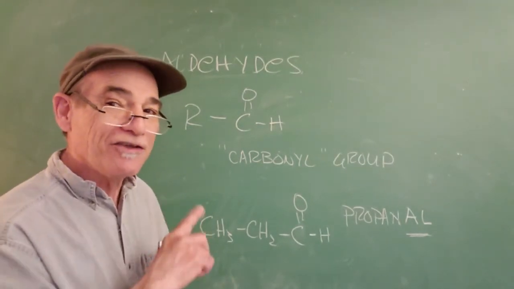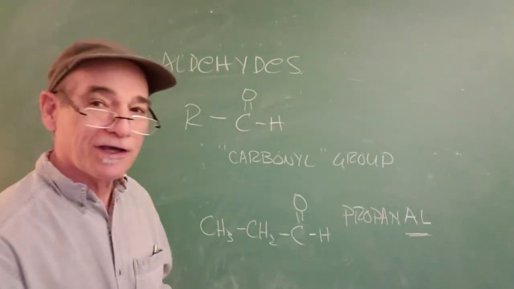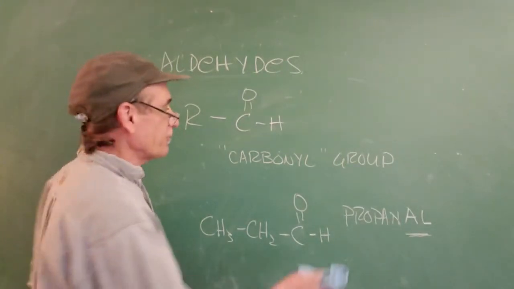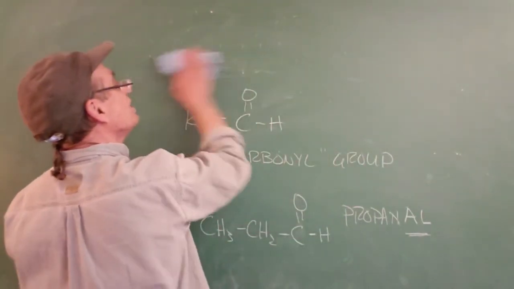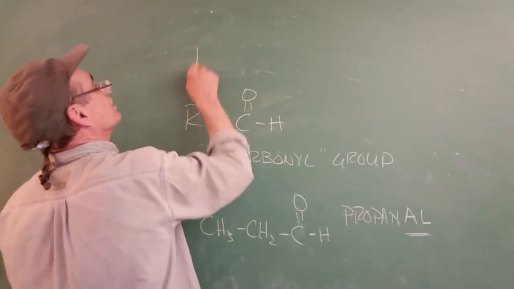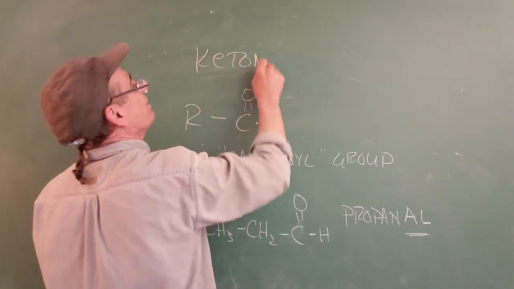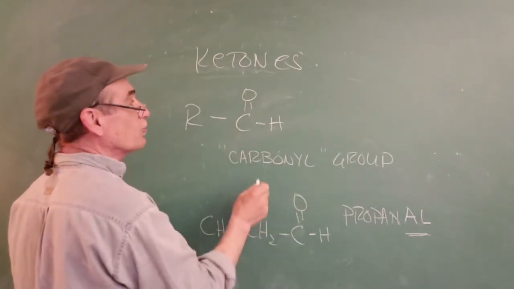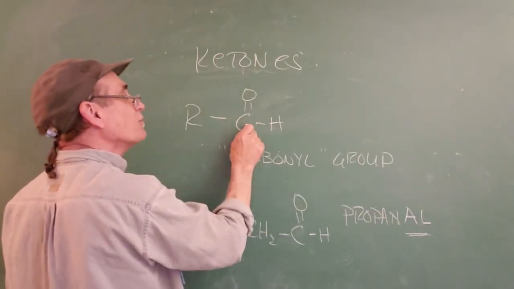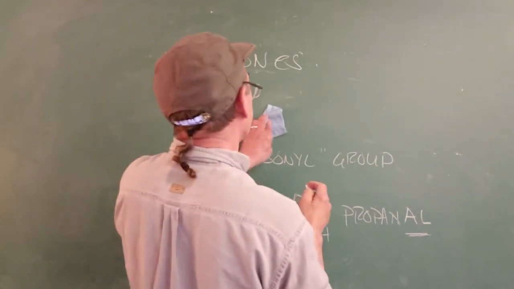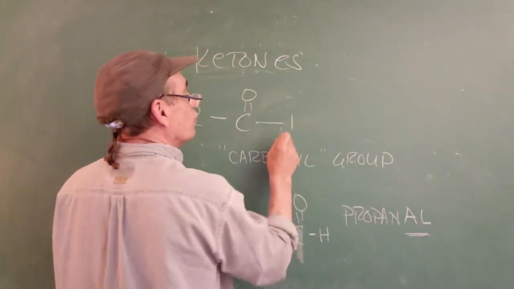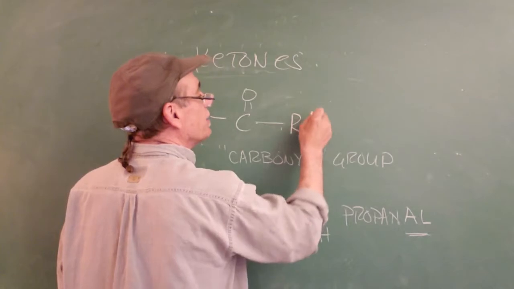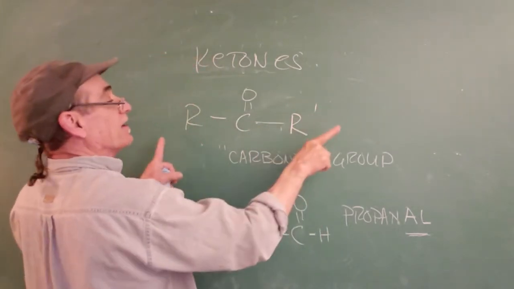Now, one other cousin of the aldehyde that I've got to show you, and I may as well do it while we're right here on the board, is called the ketone. Now, the reason they're kind of cousins is that it also has the carbonyl group, but now it's not allowed to be on the number 1 carbon. It has to be in the middle of the chain. So I'm going to put like another parent chain on the other side.